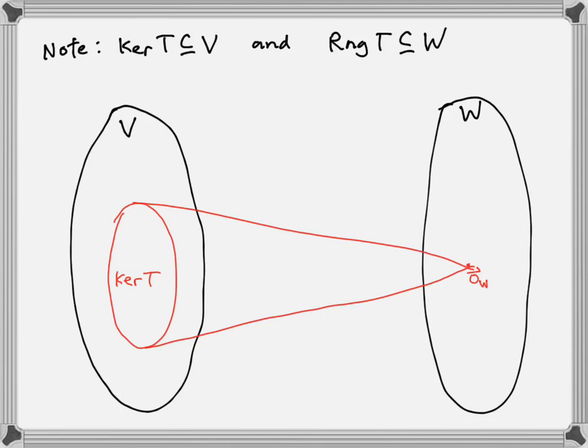Now, what about the range? I'm going to use a different color for this. I'll use green. If you look at all of V, wherever V lives over here, and all of V gets mapped, maybe it looks something like this.